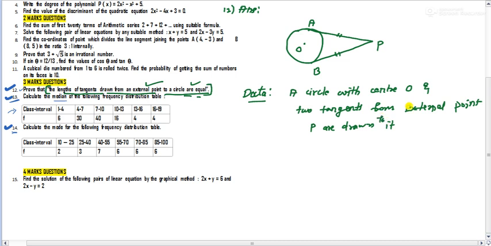Either you can write like this, or just write circle with center O and tangents PA and PB. Even that is fine. Are you guys getting it?